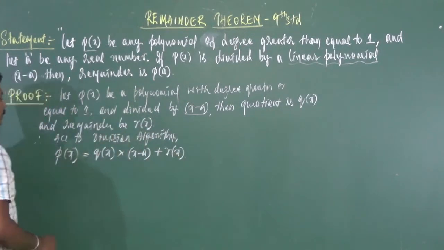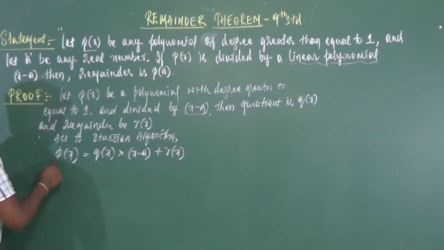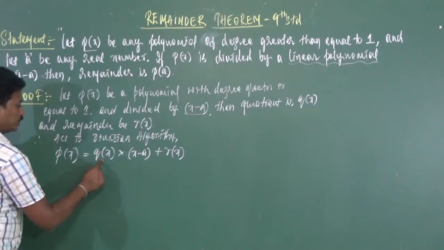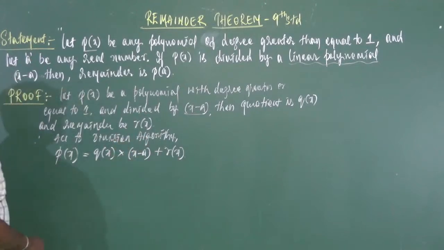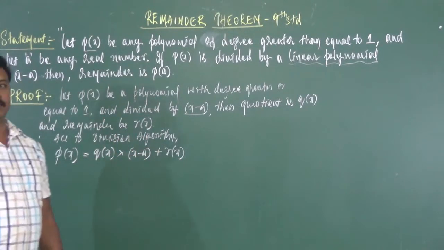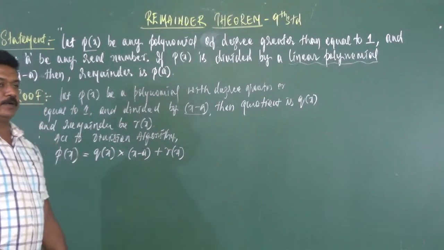So according to the division algorithm, p of x is equal to quotient into divisor plus the remainder. So this is the division algorithm, right? Until these steps I hope you have understood this.